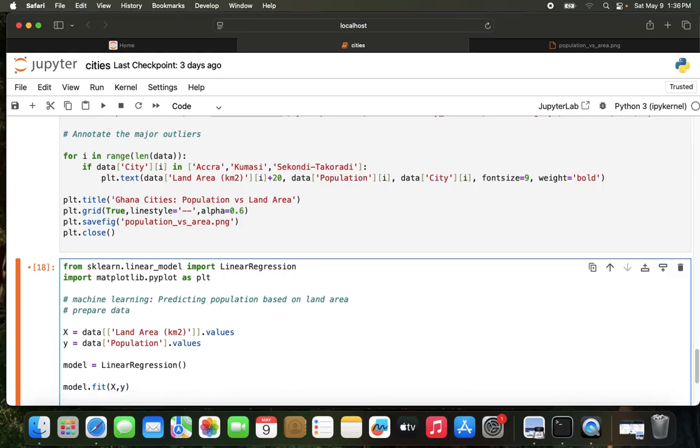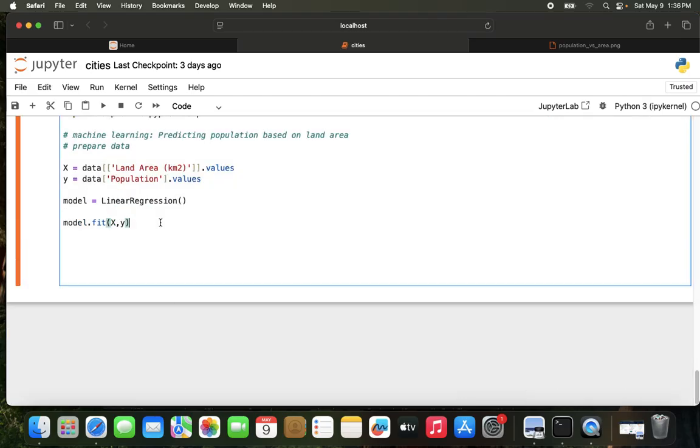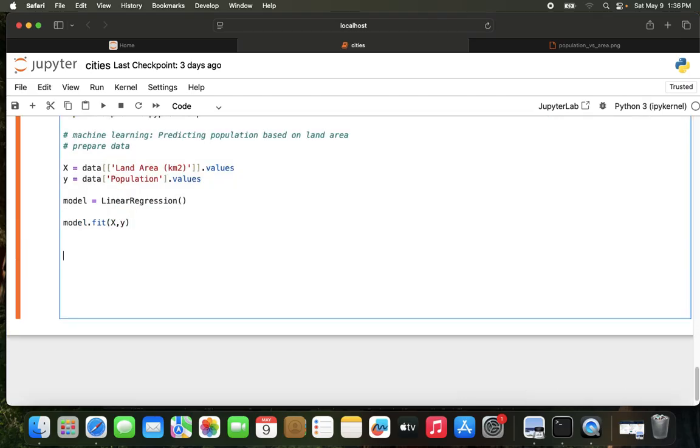So that's that. Okay, now we can predict for existing data. So let me just write a comment: predictions for existing data.